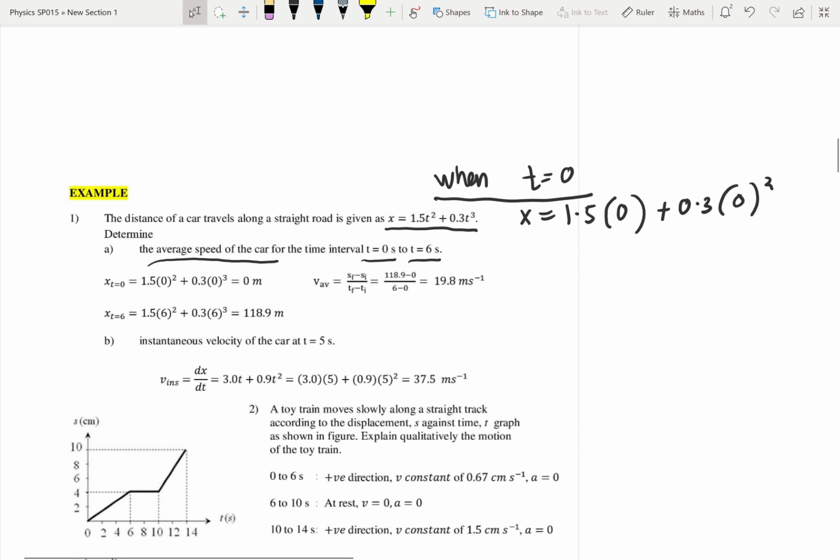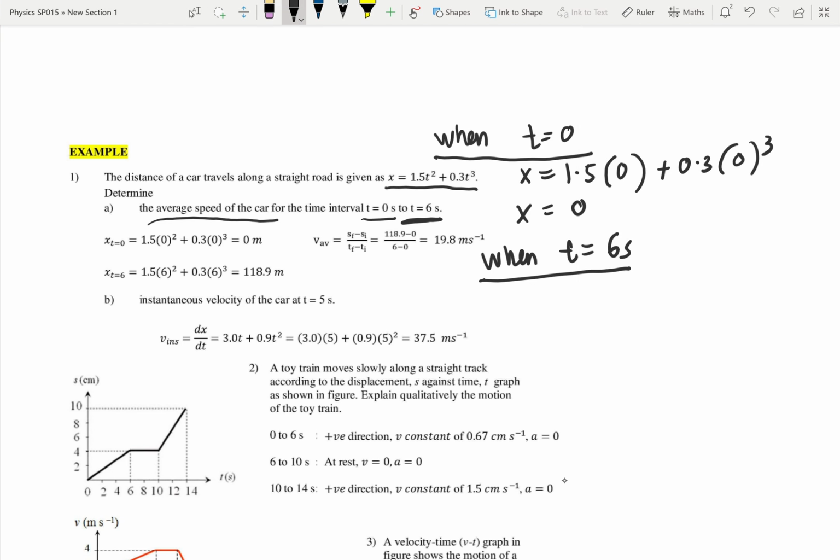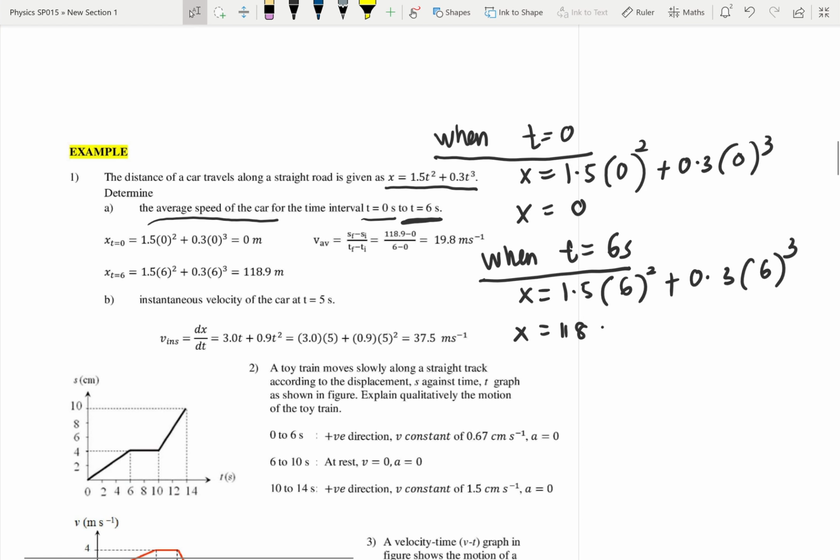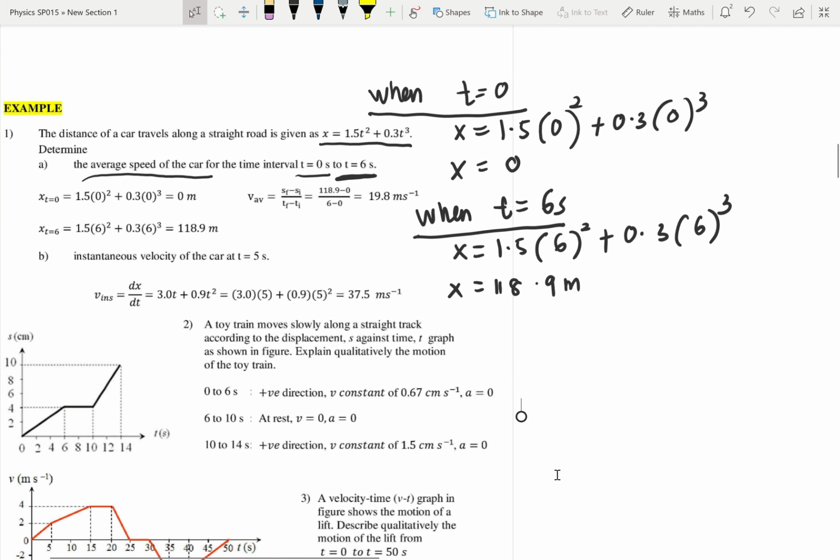So at t0 the distance is 0, and then when t is 6 seconds, substitute t6 into this equation, x equals 1.5 times 6 squared plus 0.3 times 6 cubed, so the value is 118.9 meter.